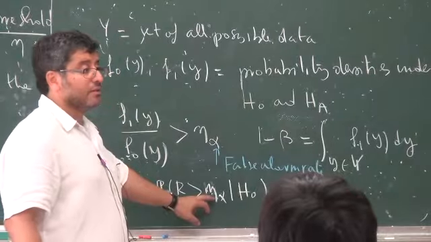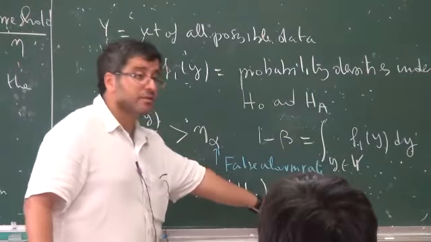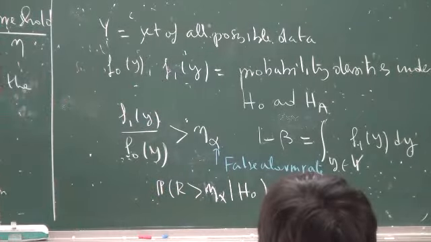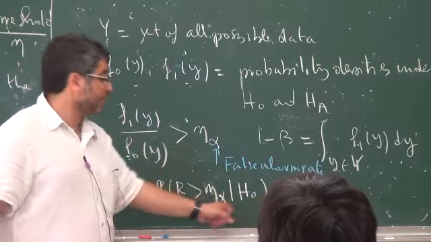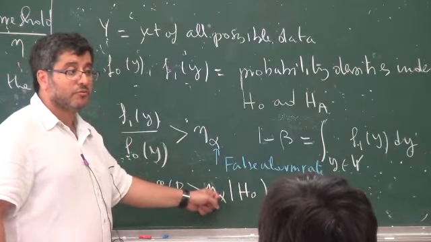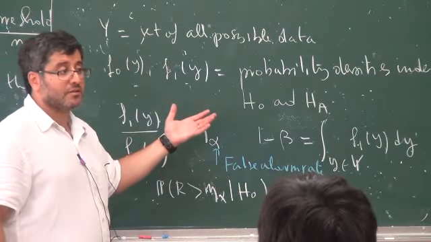This will fix eta. If we make this probability equal to alpha, then we get eta. If we get eta, then this is done.